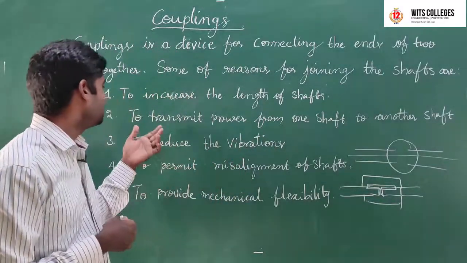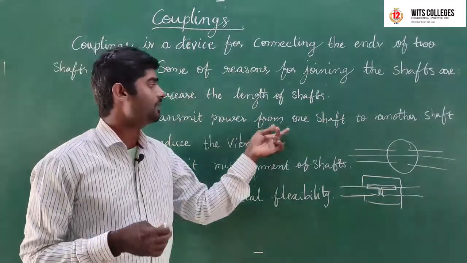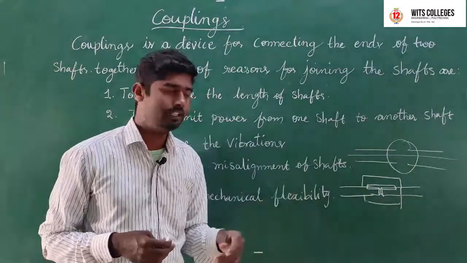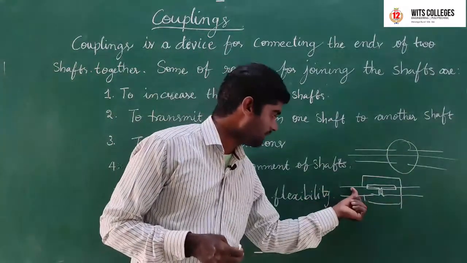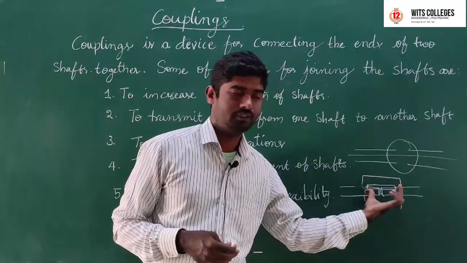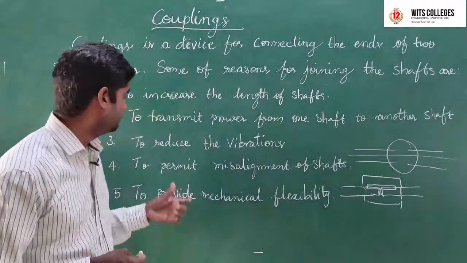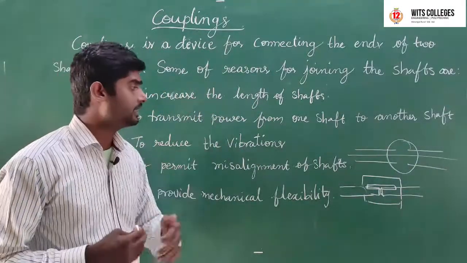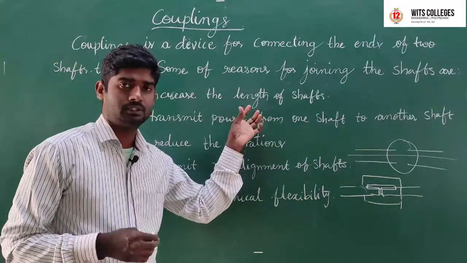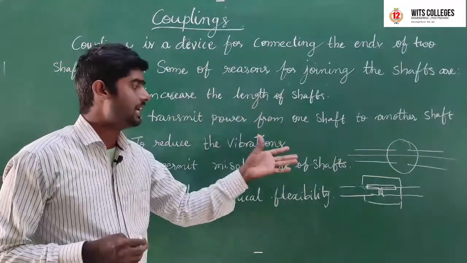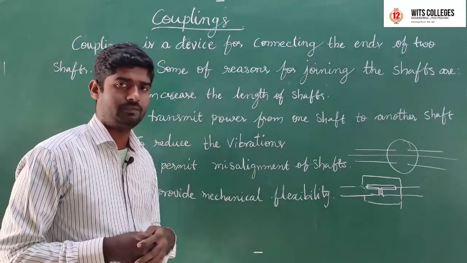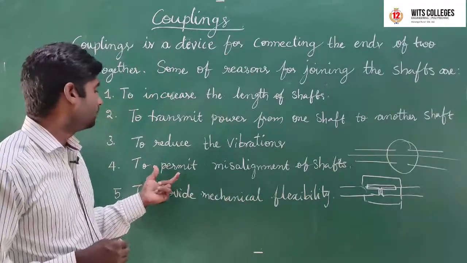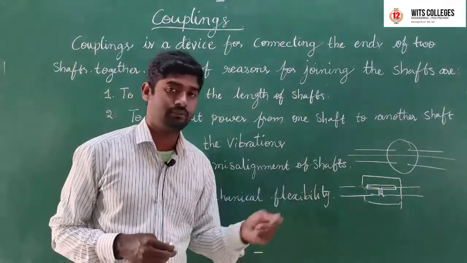Next, to transmit power from one shaft to another shaft. Already I told you, we use a coupling for that. Next, to reduce the vibrations of the shafts. Next, to prevent misalignment of shafts.